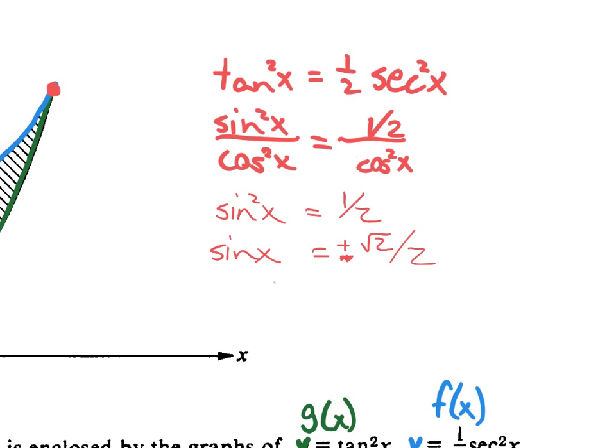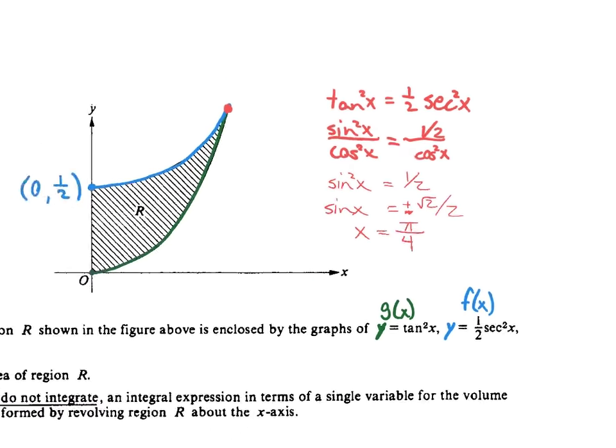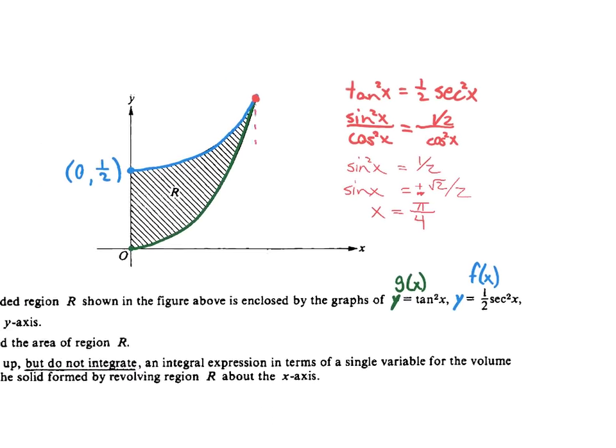At pi over 4. This is the first intersection past the x-axis, so I know it has to be this pi over 4 here. Questions so far?